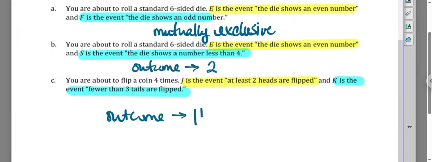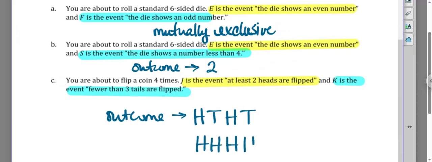You could get a heads, a tail, a heads, then a tail. You could list an outcome that is all heads. At least 2, fewer than 3. 0 tails is fewer than 3. So since those 2 events could happen at the same time, we can list an outcome like that. They are not mutually exclusive.